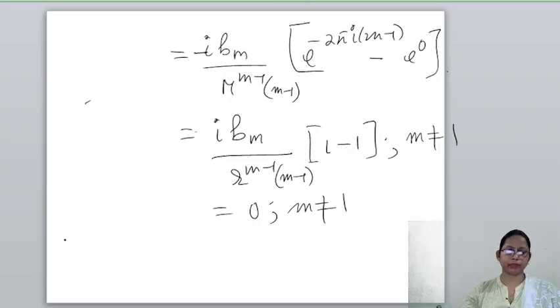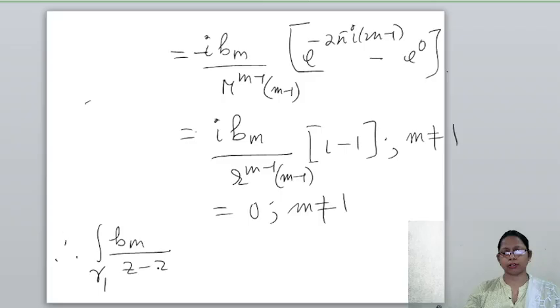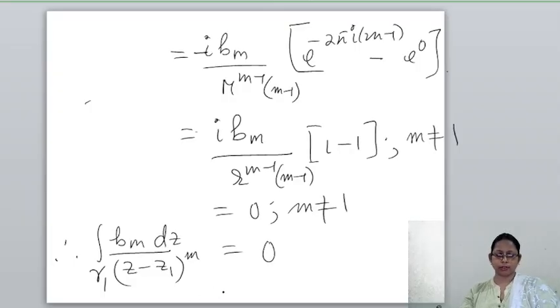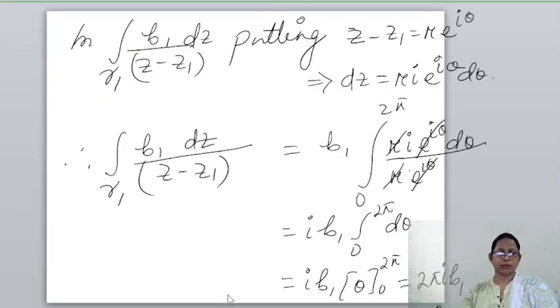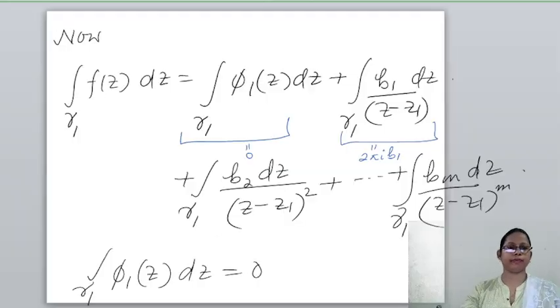Therefore, the integral over gamma 1 of b_m (z minus z1) to the power m dz is equal to 0. So the value of this integral is 0.